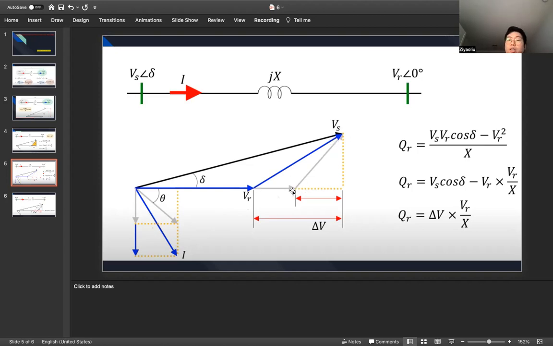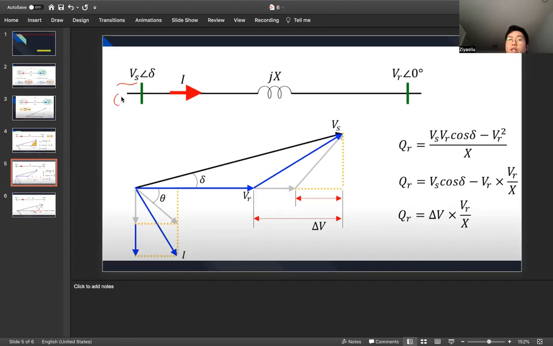But you can see the gray and blue lines, the differences, the voltage drop is related here. So remember this result.